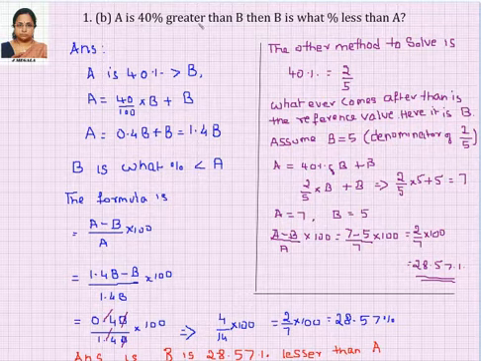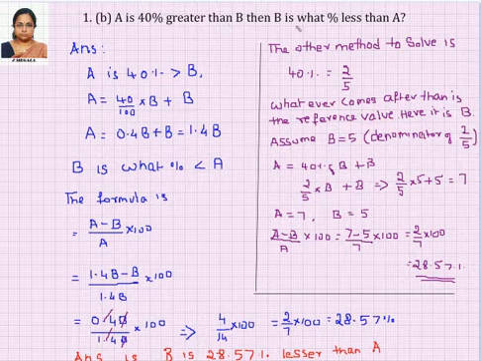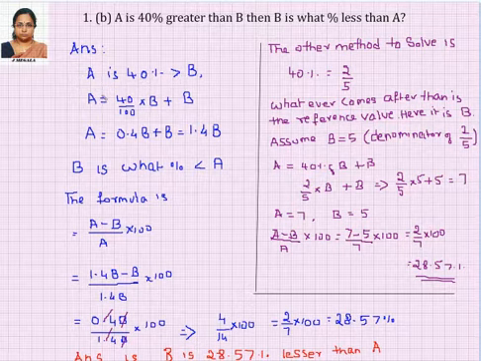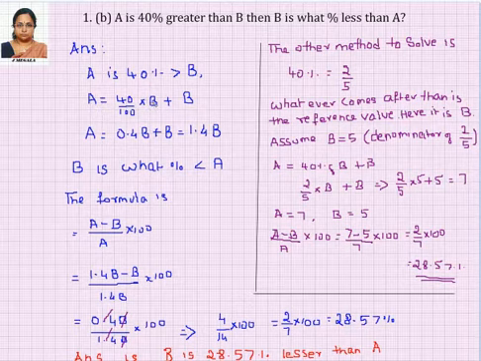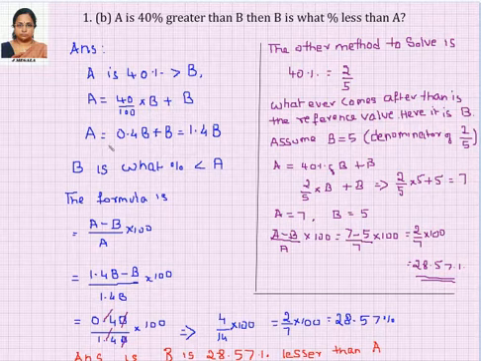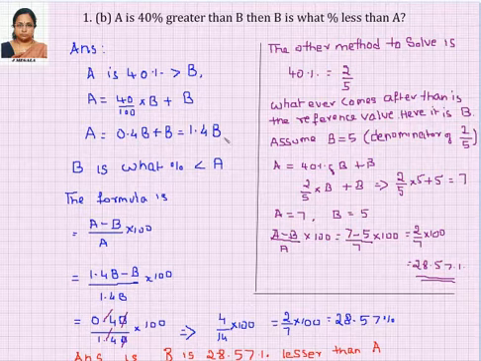Let's take them separately. First sentence: A is 40% greater than B, so replace it as A equal to B plus 40% of B. That means you need to add this 40% of B to B. So I'm taking the entire B here and then 40% of B and adding it. That's the meaning of it. When you do this, you get 0.4B plus B, which is nothing but 1.4B.